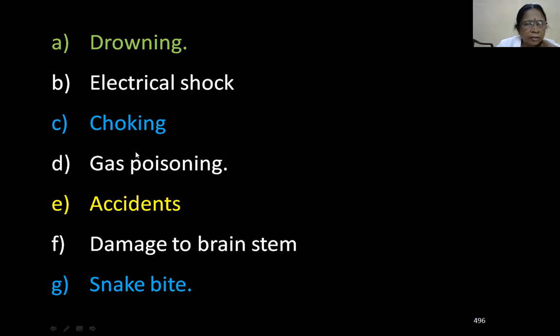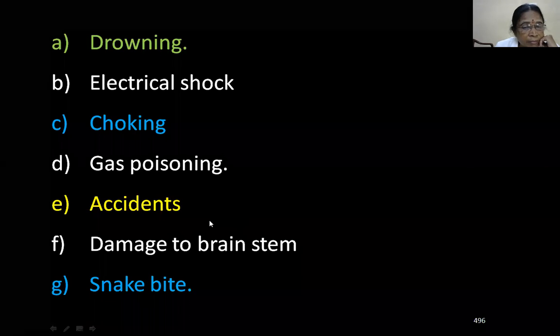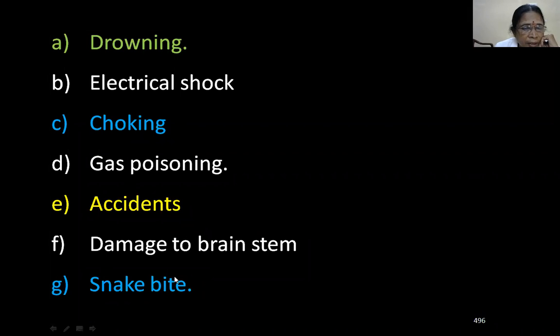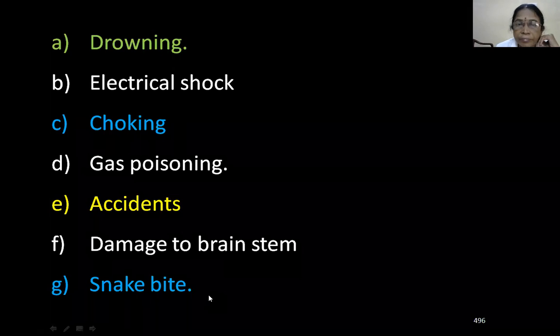Also road traffic accidents, where there may be damage to the brain stem. Most of the respiratory centers are situated in the brain stem, and these cases may also need artificial respiration, and in case of snake bite.